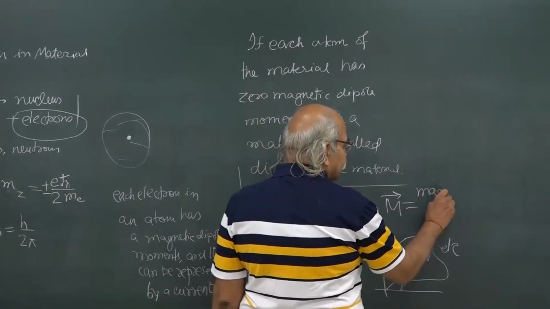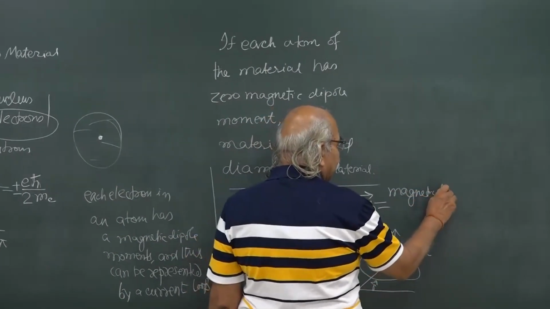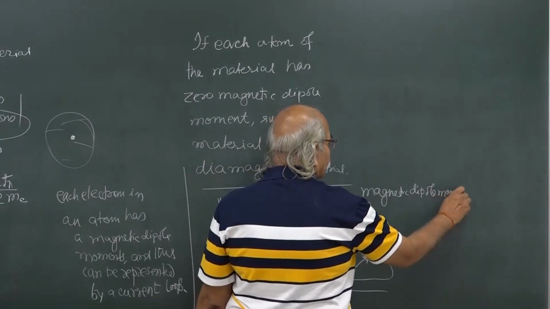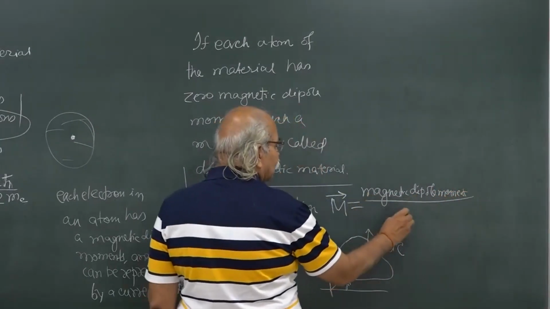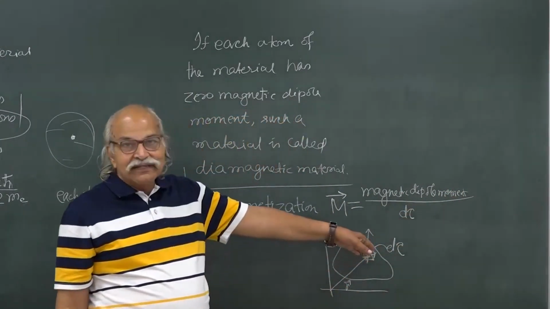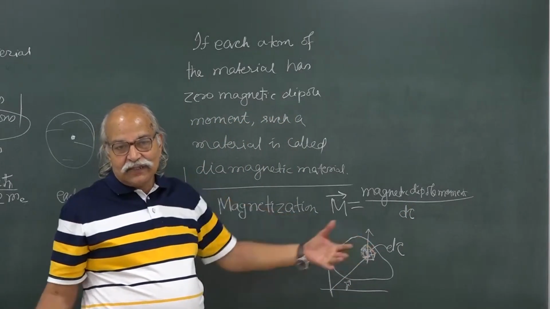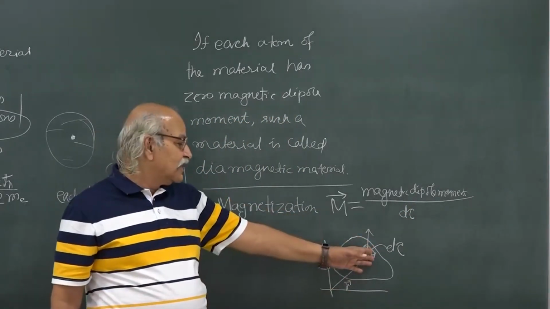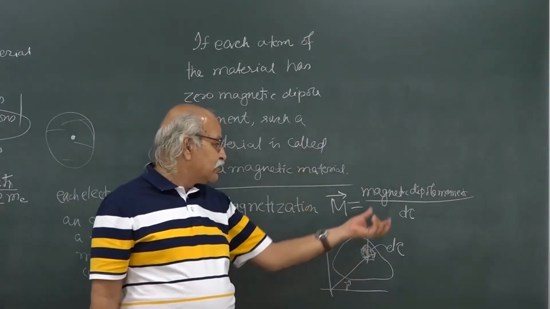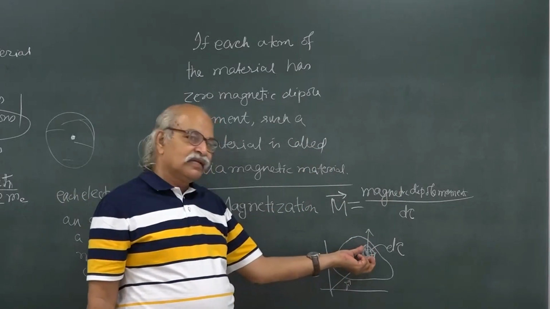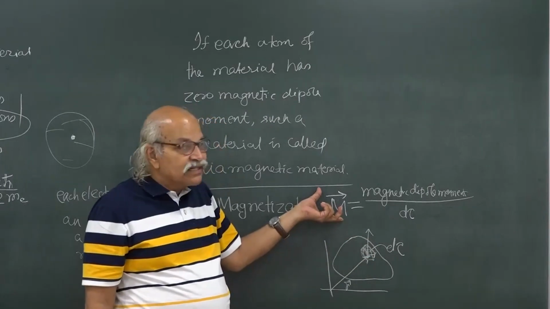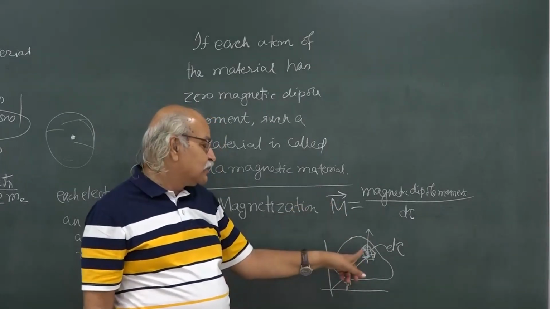So, it is the magnetic dipole moment divided by the volume d tau. It will have a direction, since magnetic dipole moment has a direction. When you add up all the magnetic moments of all the atoms, it will have some direction, some magnitude. That magnetic dipole moment of this part divided by this volume is known as the magnetization of this material at this point.